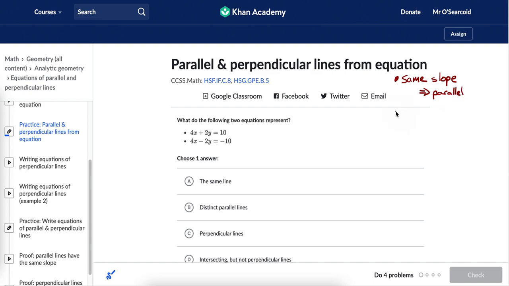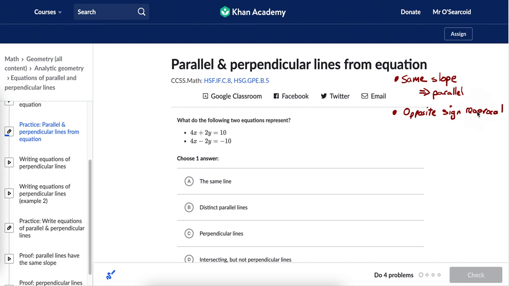To determine if we've got perpendicular lines, when we look at the slopes, we should see the opposite sign reciprocal.